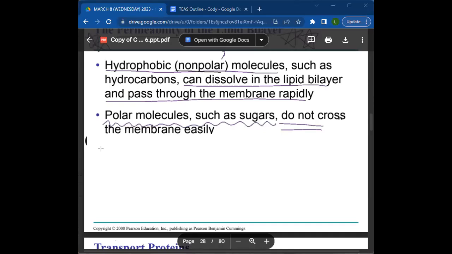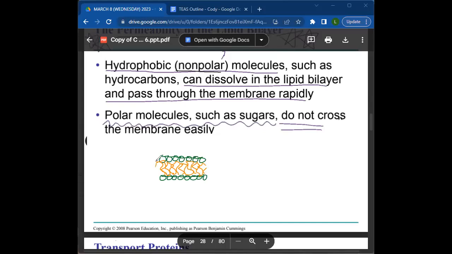Let's recall that in the cell membrane, the phospholipids are polar and they face the outside like this, and that the inside, remember, is the nonpolar fatty acid tails.